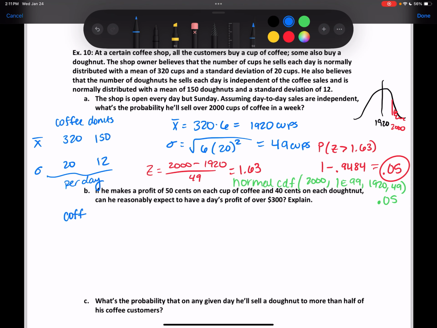So for coffee and donuts, and standard deviation again. So he's 320 cups of coffee, and he's making 50 cents on each one. We'd multiply it by that, and so $160, right?